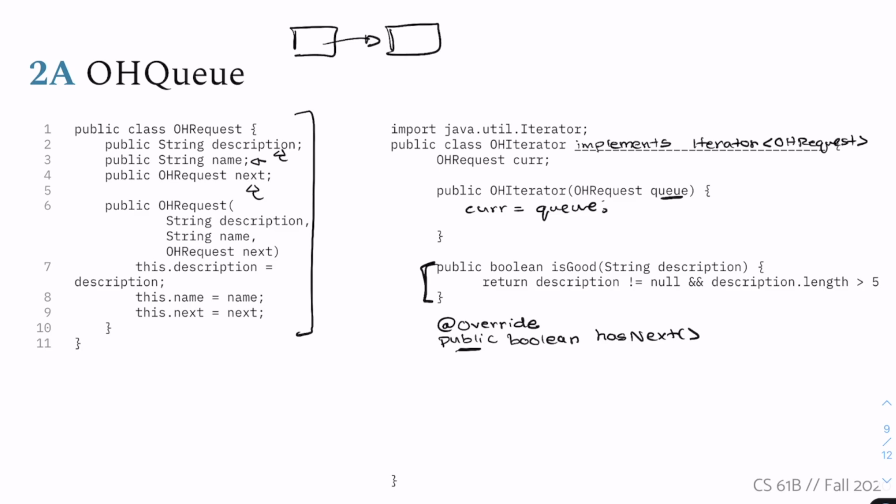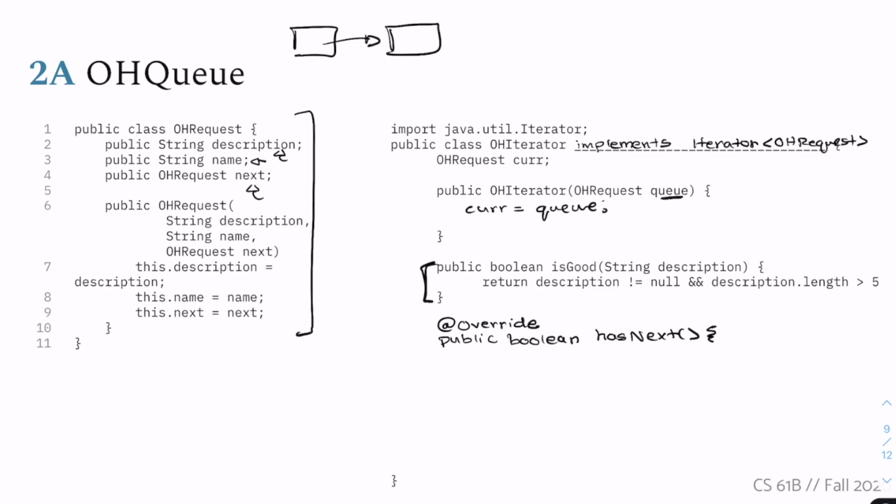And so because the interface's hasNext is public, ours has to be as well. It won't work if it's not. If the interface's was protected, package protected, or private, we could make it public, or we could make it whatever the interface's one was as well. So we have public boolean hasNext.